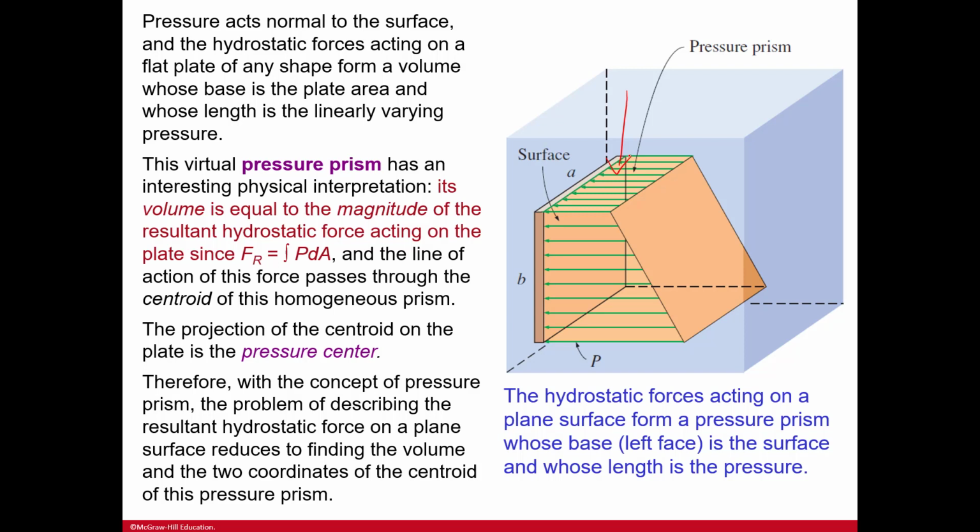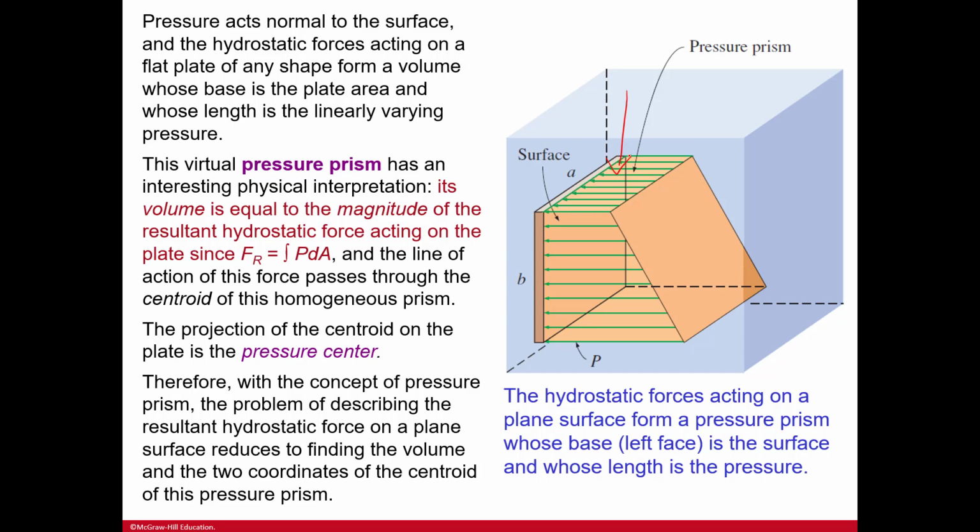The hydrostatic forces acting on a flat plate of any shape form a volume whose base is the plate area and whose length is the linearly varying pressure. This virtual pressure prism has an interesting physical interpretation. Its volume is equal to the magnitude of the resultant hydrostatic force acting on the plate.